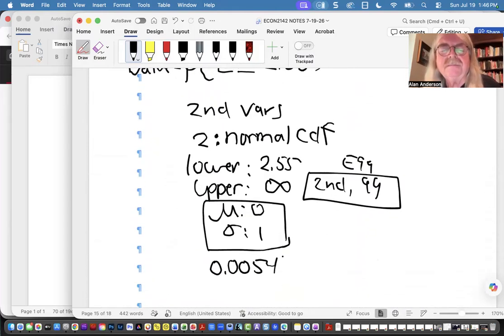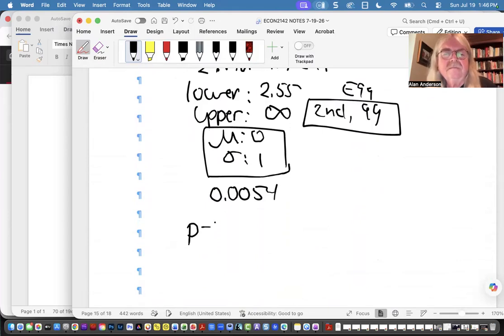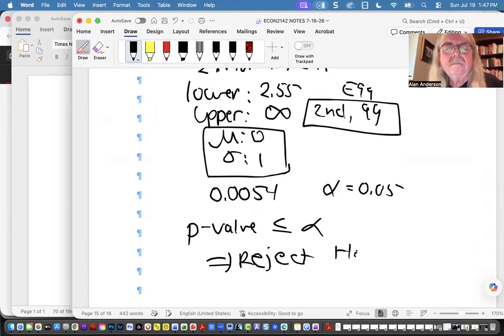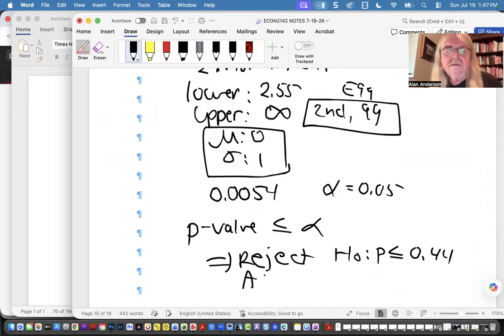So of course that means that the p-value is less than or equal to alpha. So we reject the null that the proportion is less than or equal to 0.44, and accept the alternative that it is greater.